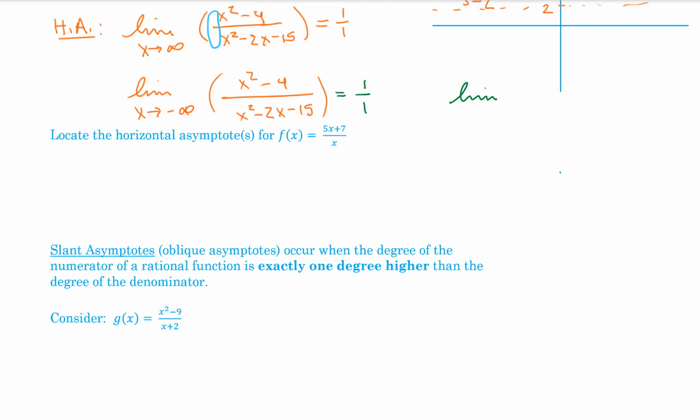If there's a tie, sometimes people say, well, what would happen if I have, and we'll keep this kind of simple, the limit as x goes to negative infinity of x cubed over x cubed. Here we have a tie. And if you plug large negative numbers into the x cubed in the numerator, you're going to get a negative value back. However, you're also going to get a negative value back in the denominator.